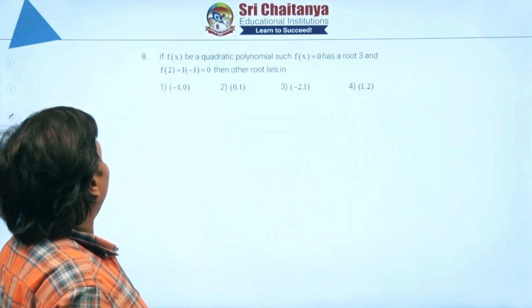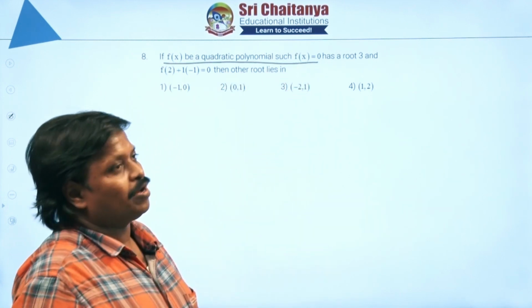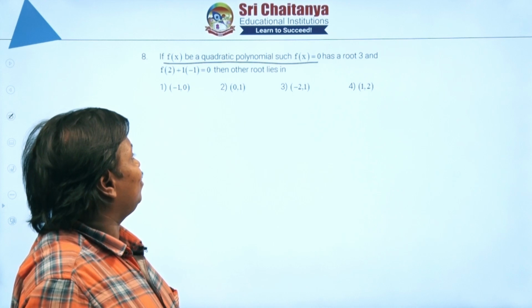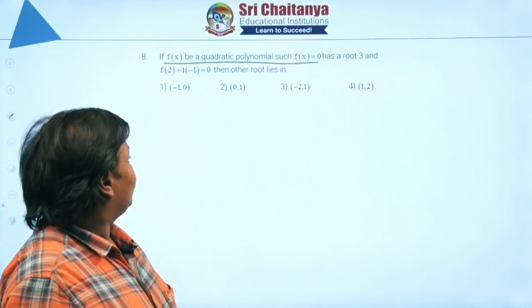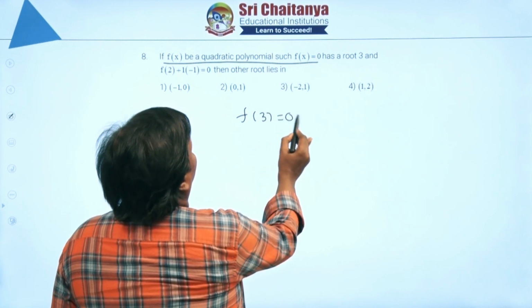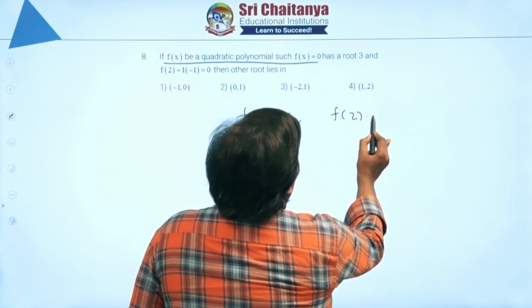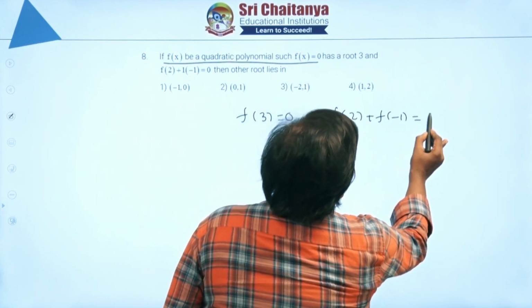See the 8th question. This is a quadratic equation question. f of x is a quadratic polynomial. He said that 1 root is 3, which means f of 3 equals 0. And he gave that f of 2 plus f of minus 1 equals 0.